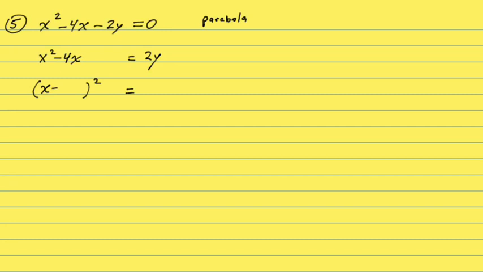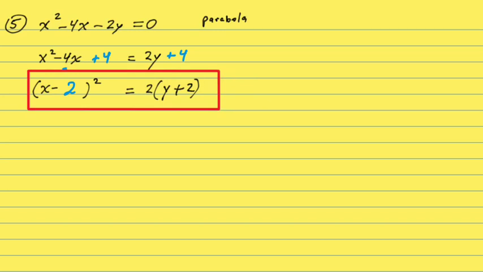So half of 4 here is 2. 2 squared is 4. If you add 4 to one side, you have to add 4 to the other side. So can I now take a 2 or even a negative 2 out of that? No, I just want to take a 2. If I take a 2 out, I'd make it y plus 2. And that would be in standard form.